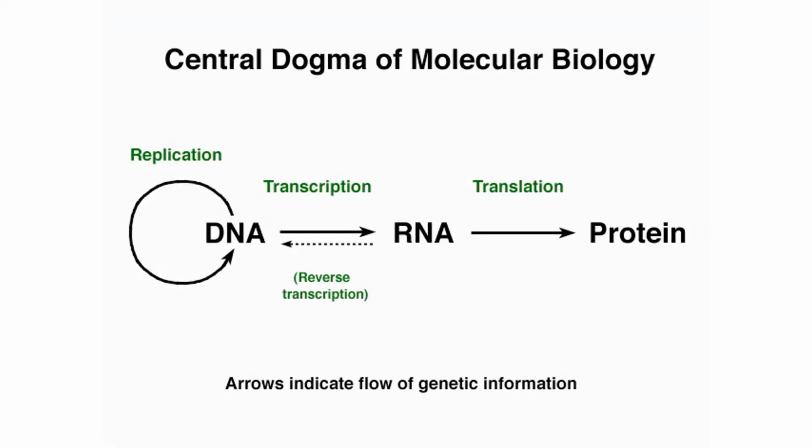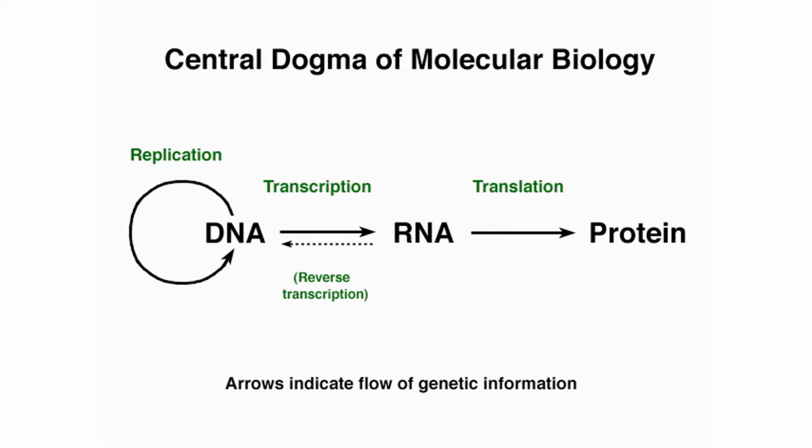So let's begin with looking at, once again, the central dogma of molecular biology. This basically concerns the flow of information from DNA, which of course is the genetic information storage molecule, to RNA, and then from RNA to protein.